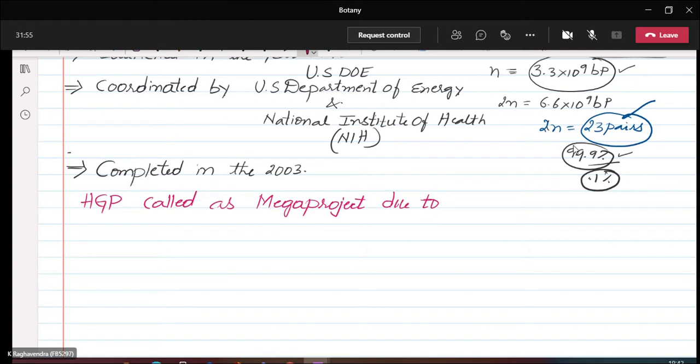the reason one. Here, we have to sequence almost all 3.3 × 10^9 base pairs. To just sequence one base pair, you know how much dollars have to be spent? $3.